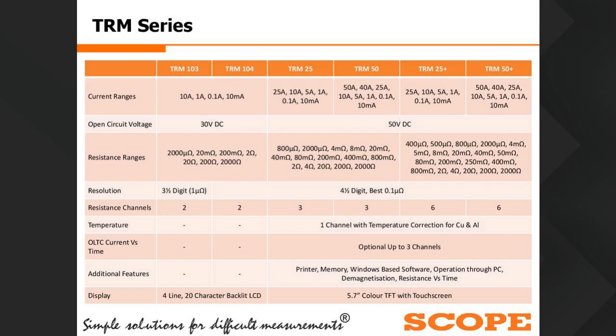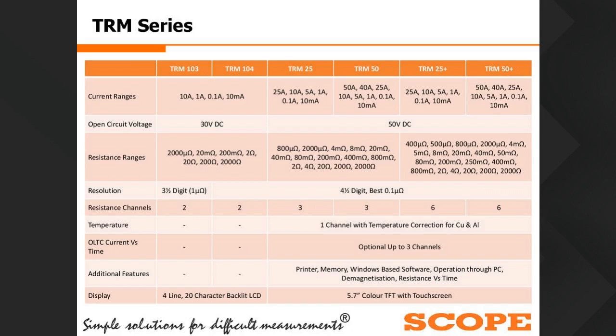Then open circuit voltages: we have provided 30 volt DC for the lower models and 50 volt DC for the advanced models. This open circuit voltage is important for the fast stabilization of the current. Then resistance range: all the instruments are capable of measuring winding resistance up to 2000 ohm with the best resolution of 0.1 micro ohm.